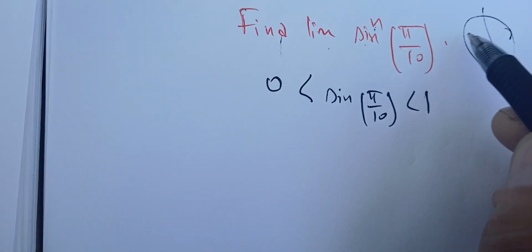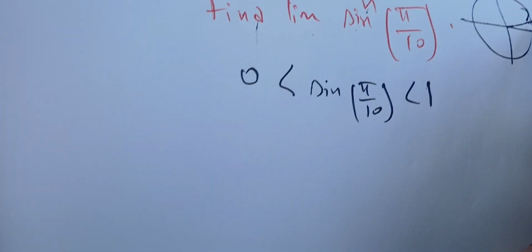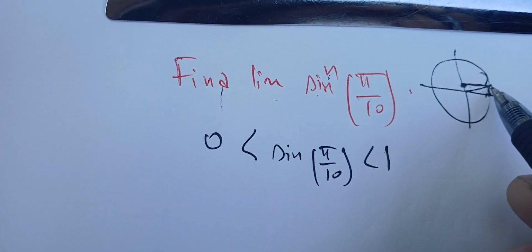Because from the unit circle, we know that the sine of pi over 10 is something small. So the sine is very tiny. The cosine is big, but less than 1 for both cases.